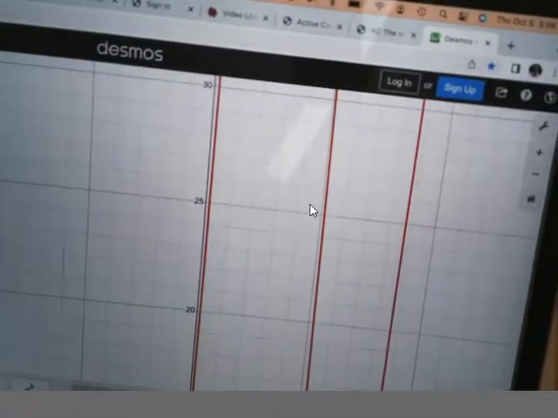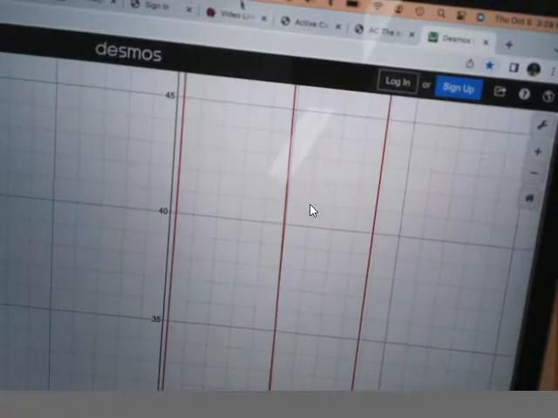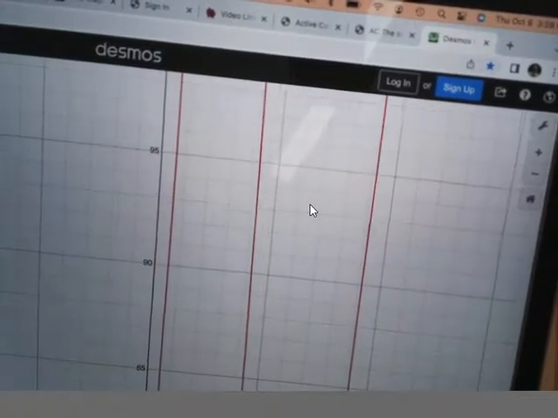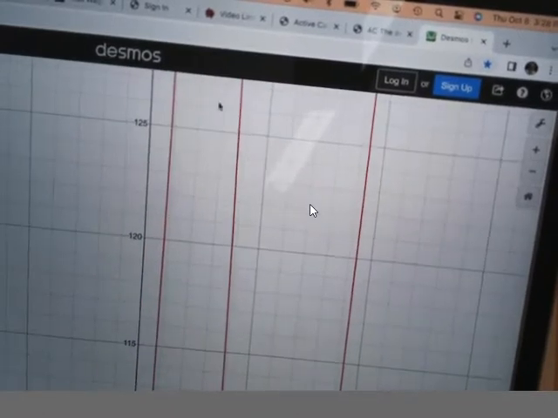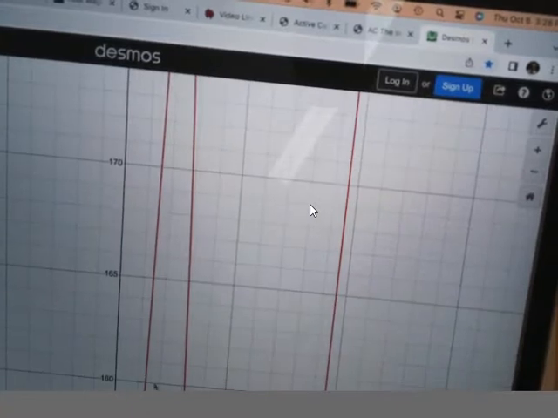And it goes way up. So I'm just going to drag it down some more, drag it down some more. It keeps going up, keeps going up. Haven't got there yet, but it's getting closer.